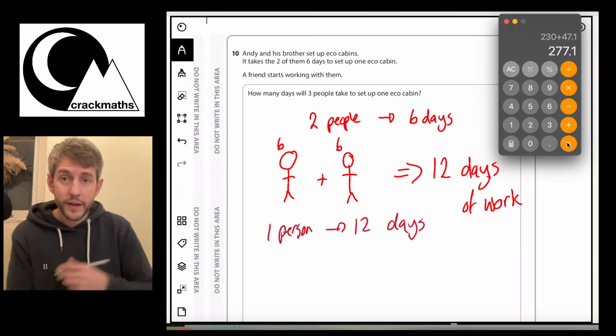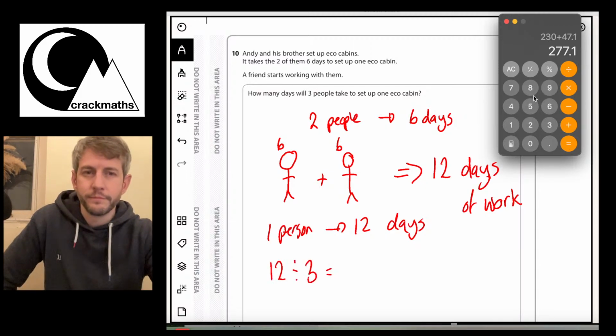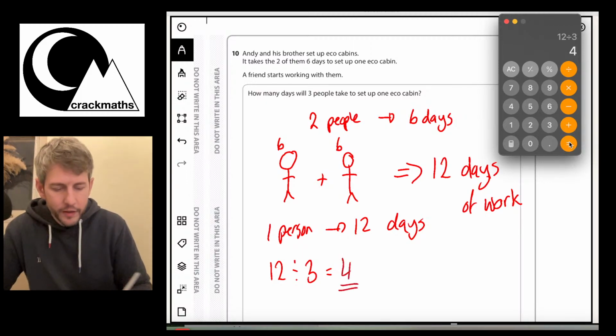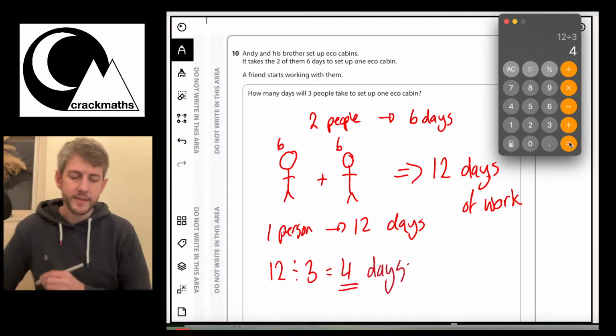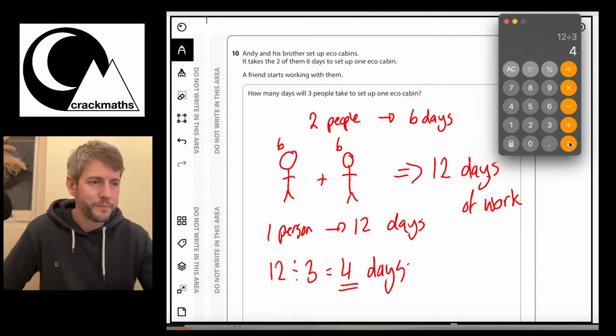And then if we want to find out how long it would take 3 people, we can do 12 divided by 3, and that equals 4. So 3 people would take 4 days. And that's how we would solve that question.